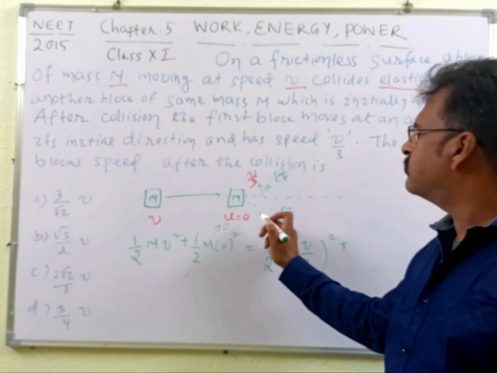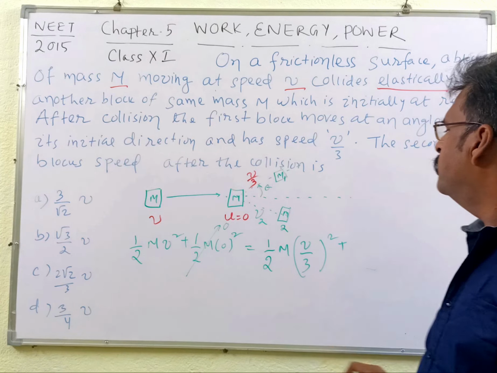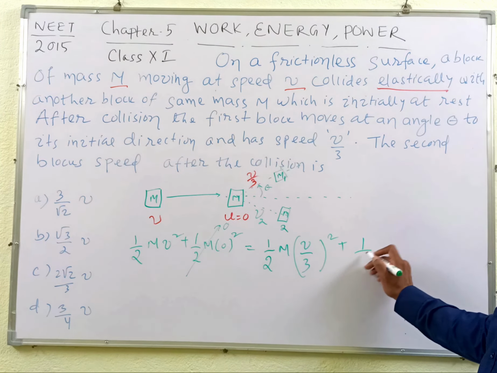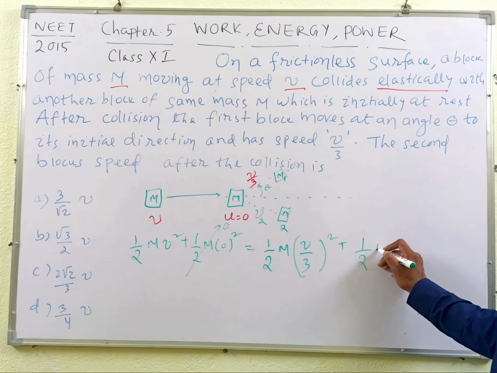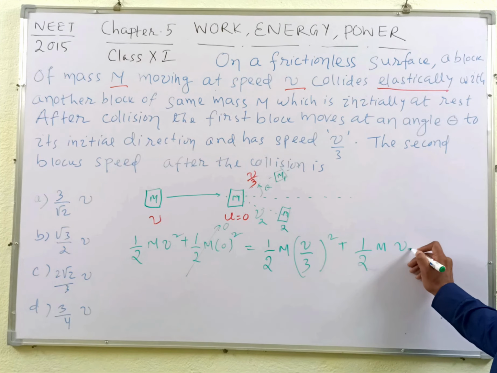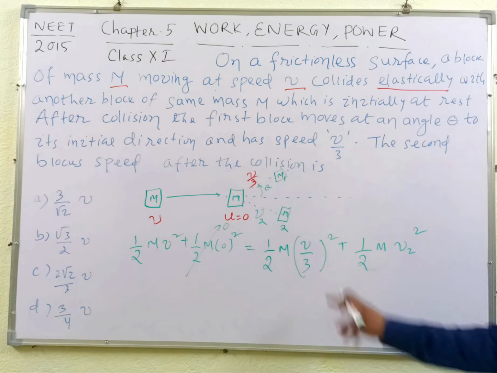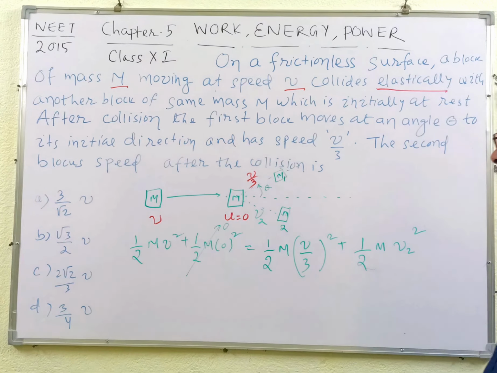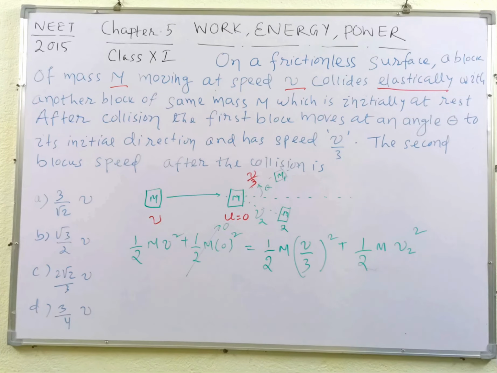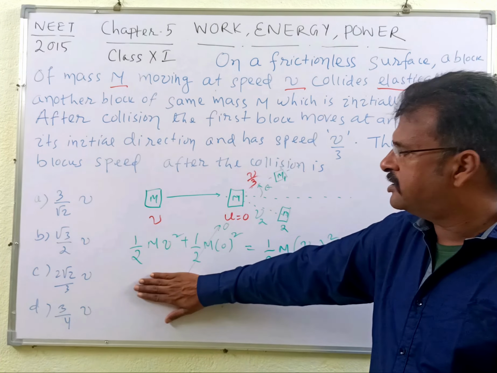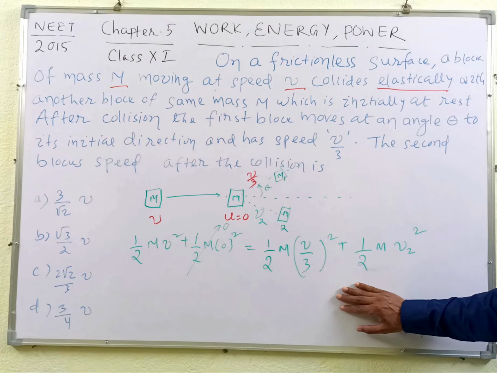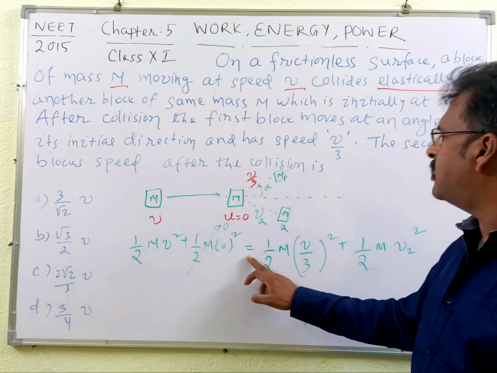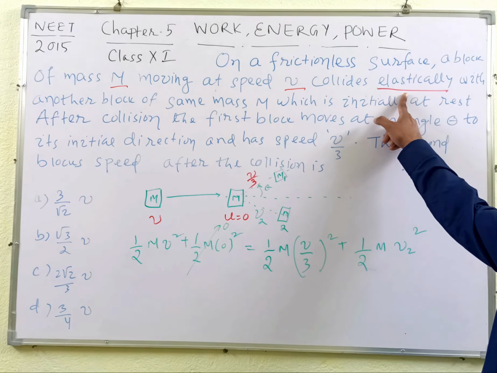Suppose the velocity of the second block is v2. Then the kinetic energy of the second block after the collision is half m v2 square, because it also has mass m. The kinetic energy before the collision equals the kinetic energy after, because the collision is elastic.